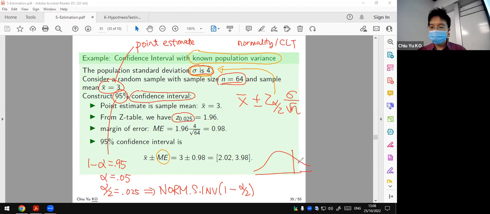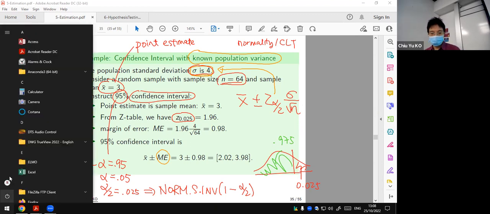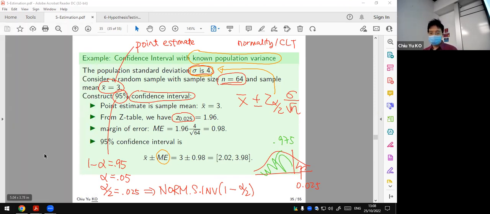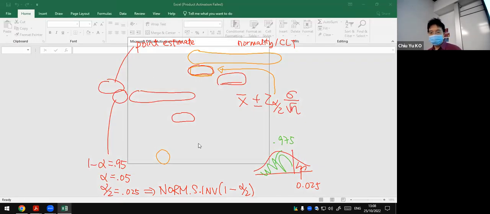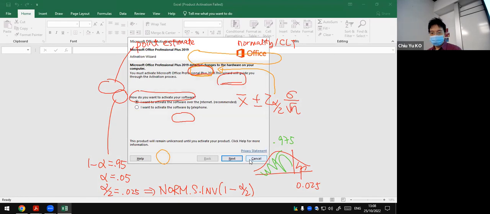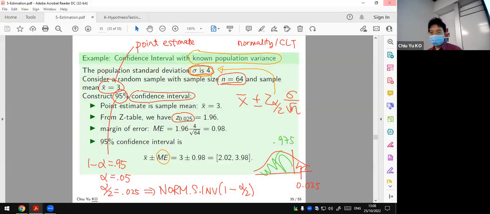Because this is 0.025, and this is 0.975. So that's how. Let me look at the Excel. It should give you the 1.96. So I open Excel. Okay. Oh, again. Let's see if I can solve this problem.